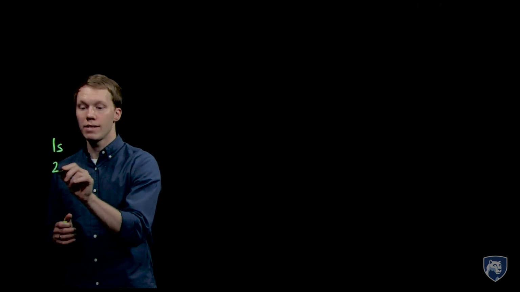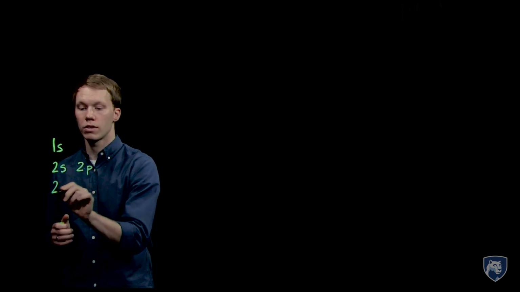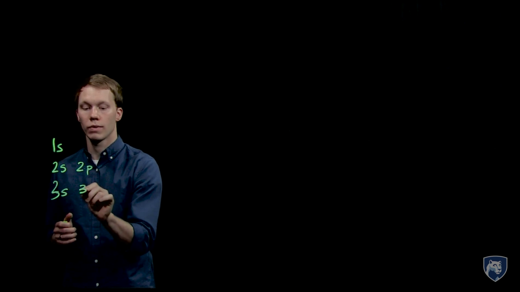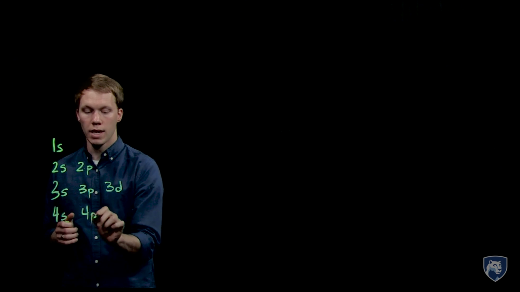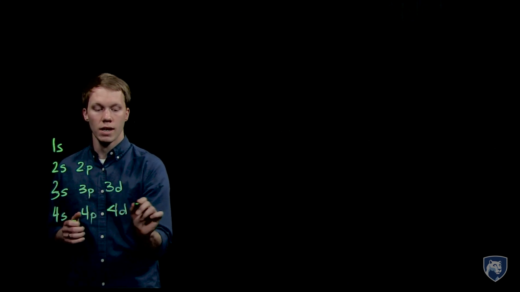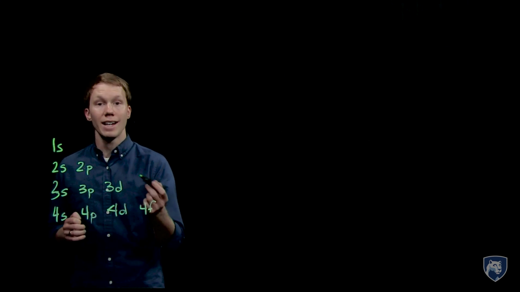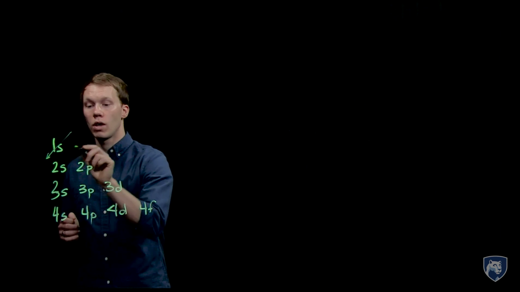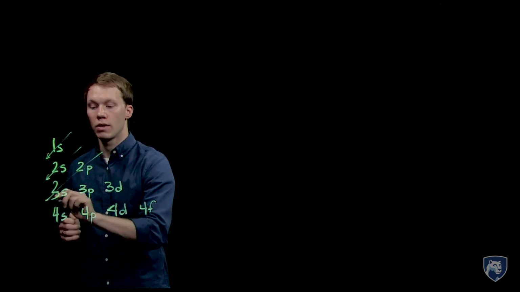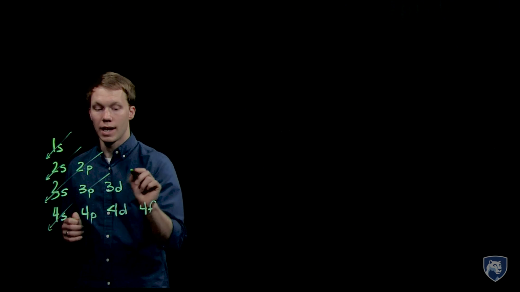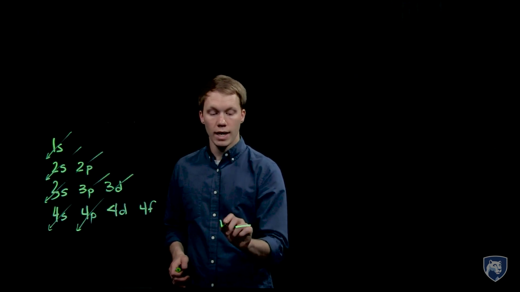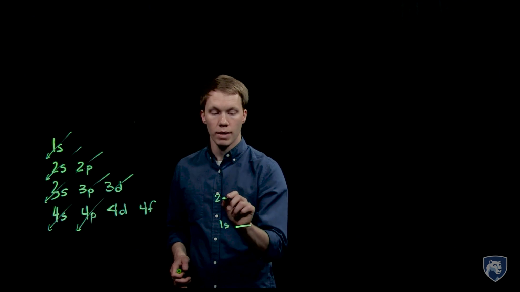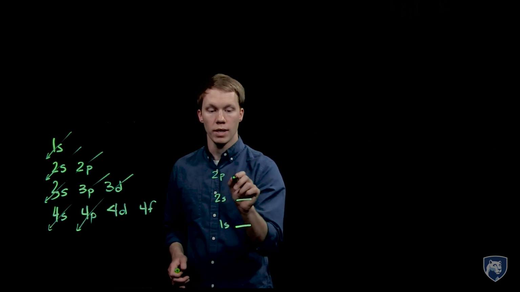So if we remember our filling order, we can write this out: 1s, 2s, 2p, 3s, 3p, 3d, 4s, 4p, 4d, and 4f. All right? And we are going to fill them in order along these diagonals if we go across as such. So we can start by placing my 1s orbital at the low energy, followed by 2s, followed by the 2p.